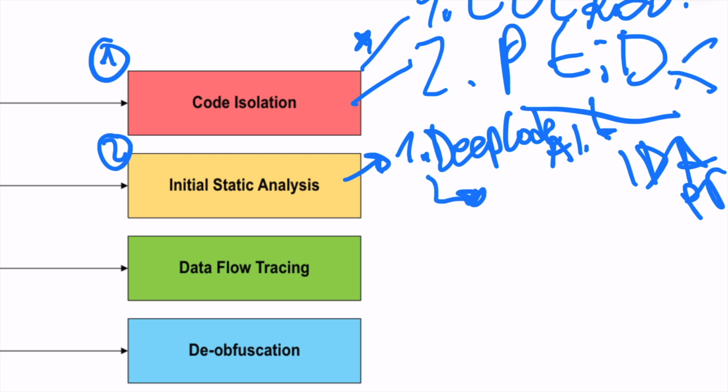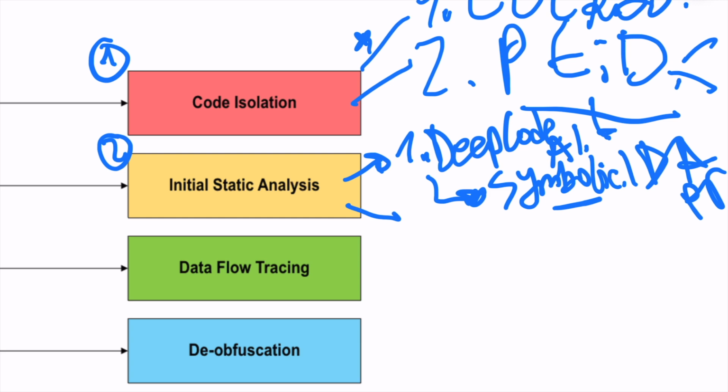DeepCode AI would use symbolic reasoning, a technique that we apply to highlight suspicious loops or recursive structures that are often inserted to mislead detection algorithms. So that is the first step.